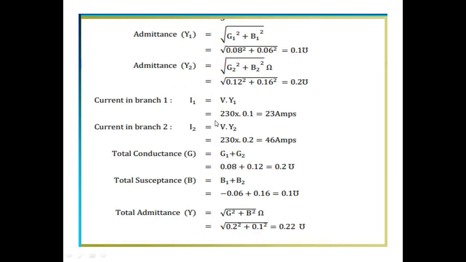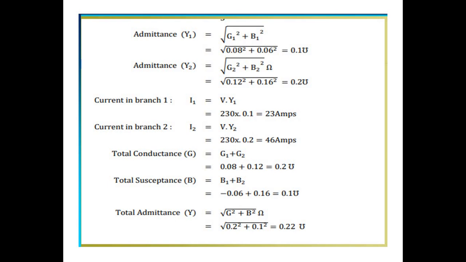And the admittance Y1 is equal to root of G1 squared plus B1 squared, that is equal to root of 0.08 squared plus 0.06 squared is equal to 0.1 mho. And admittance Y2 is equal to root of G2 squared plus B2 squared, is equal to root of 0.12 squared plus 0.16 squared is equal to 0.2 mho.